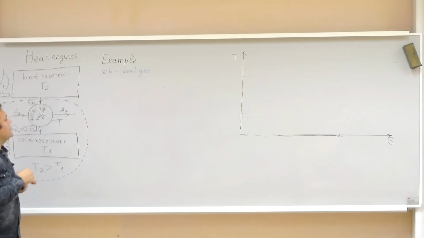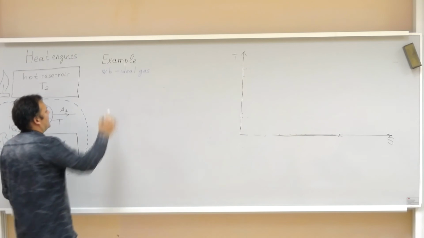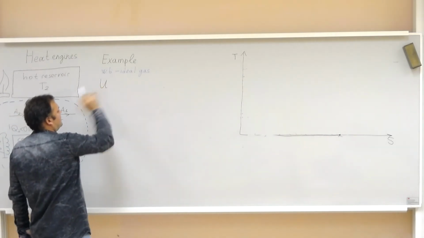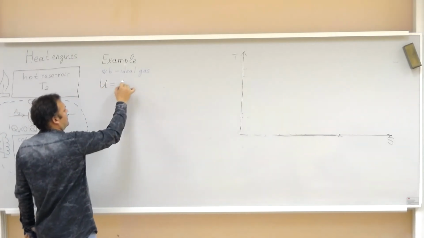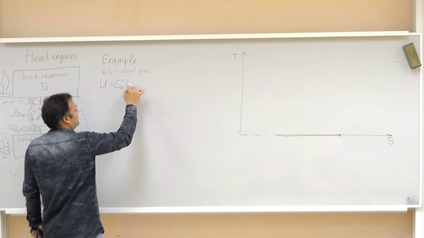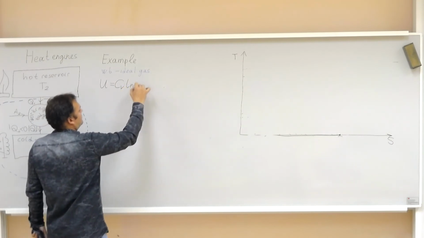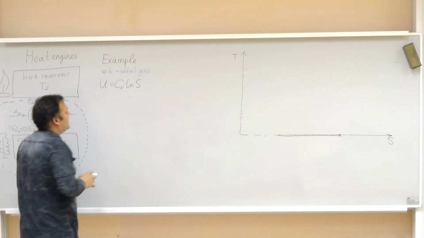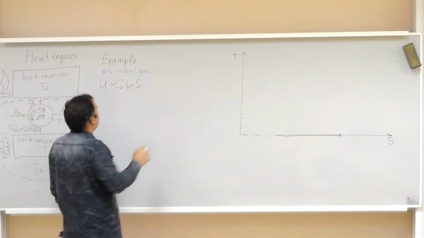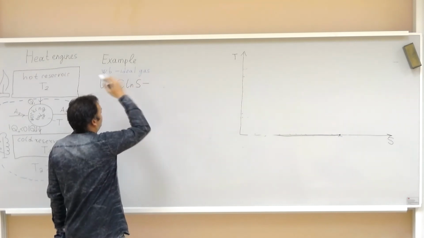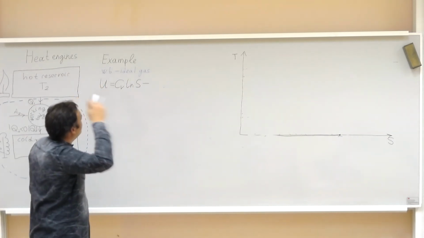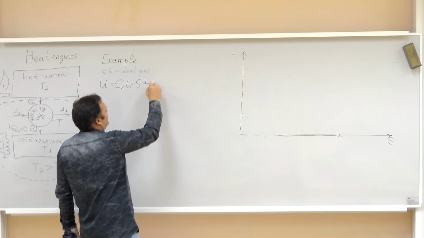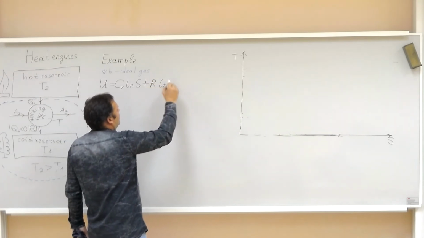We know that the fundamental relation determines the system, and in this case, it has the form U equals C multiplied by logarithm S plus R logarithm.